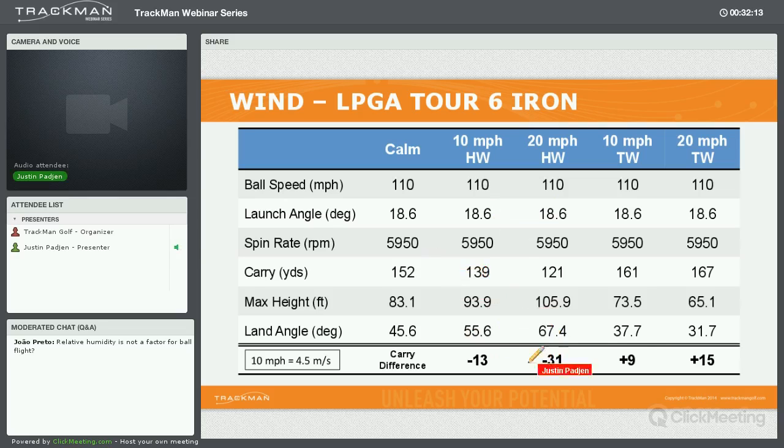That shot's going to lose 13 yards, where a 10-mile-an-hour tailwind, it's only going to gain 9 yards. And again, once you get up to that 20-mile-per-hour number into the wind, it's twice as much as what you're going to actually gain from being downwind. Also, when you're downwind, it's going to come in a lot flatter, so you've got to really watch how much that ball is going to release once it hits the green.